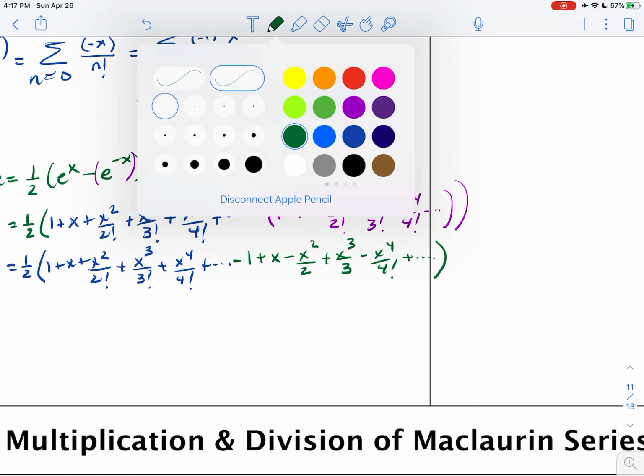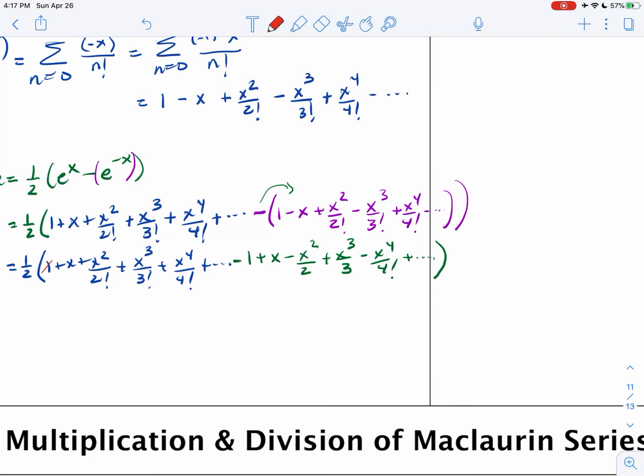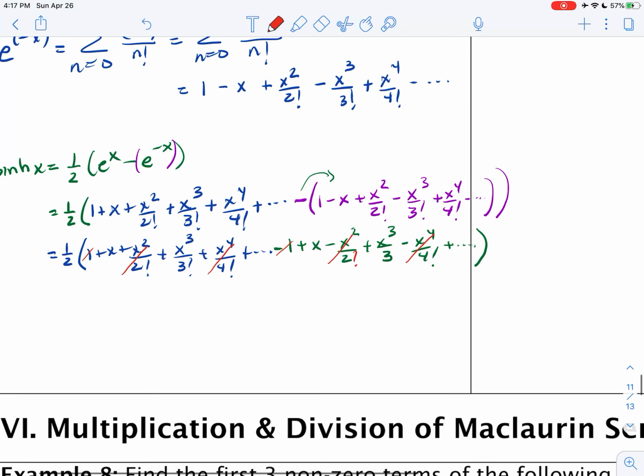And now I want to start seeing what I am canceling, what collapses. I get that 1 minus 1, I have plus 2, I have minus x squared and plus x squared over 2 factorial.